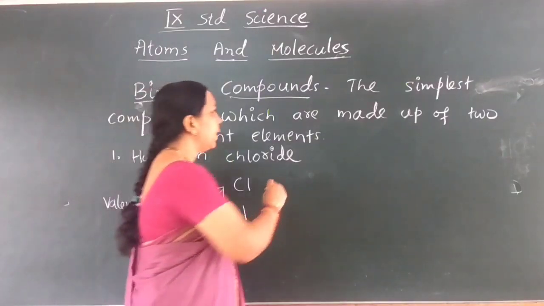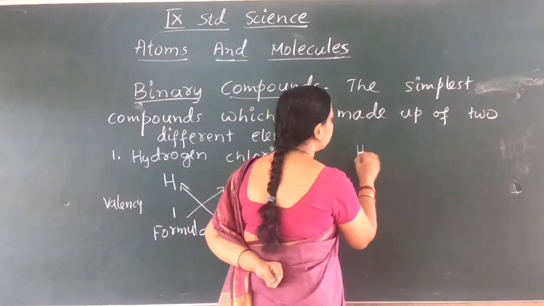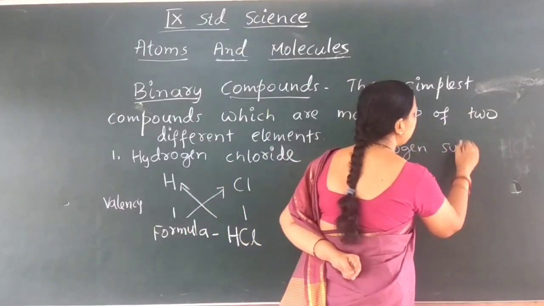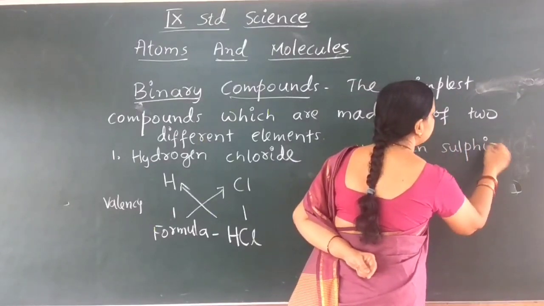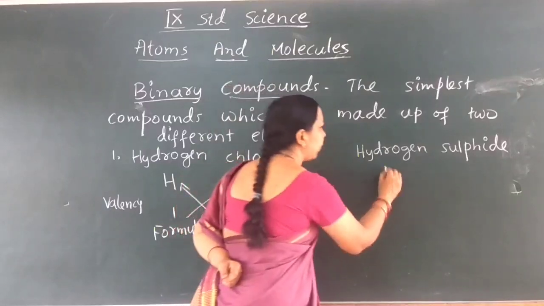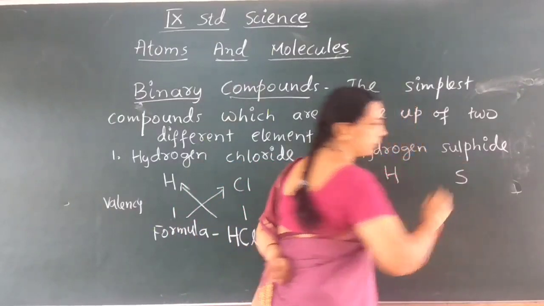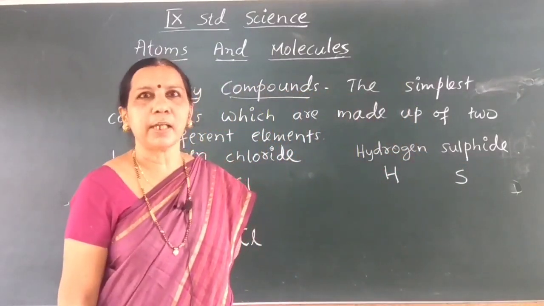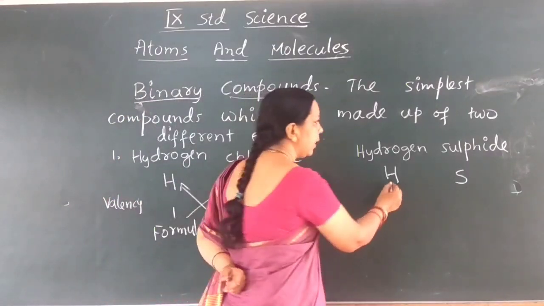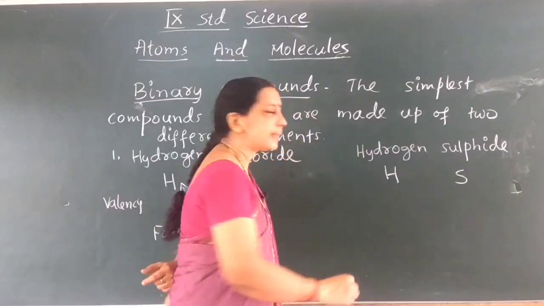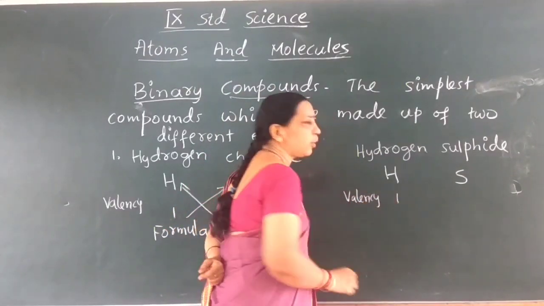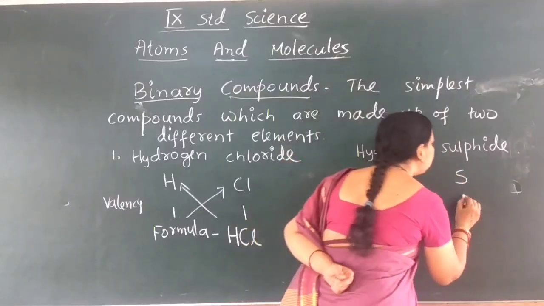Let us consider another example, hydrogen sulfide. Here, which are the two elements present? Hydrogen and sulfur. So you must know the valencies here, otherwise you can't write the formula. Now already you know valency of hydrogen is 1 and valency of sulfur is 2.